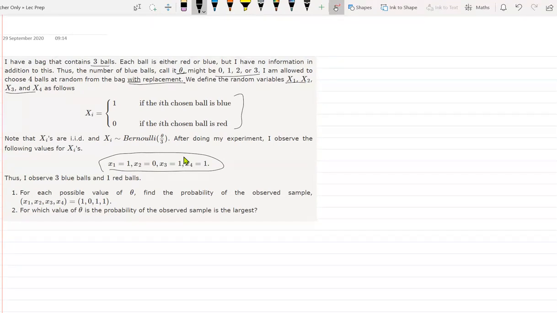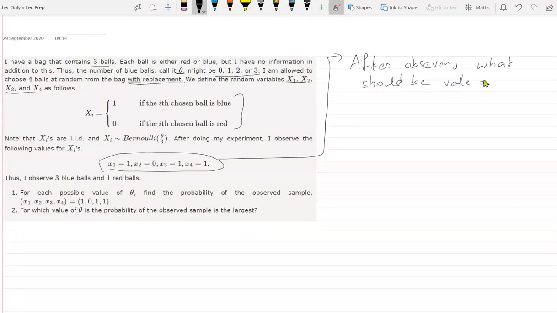From this, how do you find that value of theta? Any ideas?